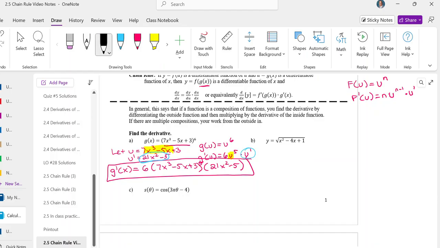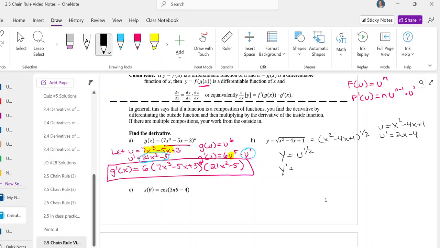Let's do another example. Here we have a radical. Remember, a radical is the same as raising something to the 1/2 power. So we'll let u equal x^2 minus 4x plus 1. U prime is 2x minus 4. So y equals u to the 1/2.